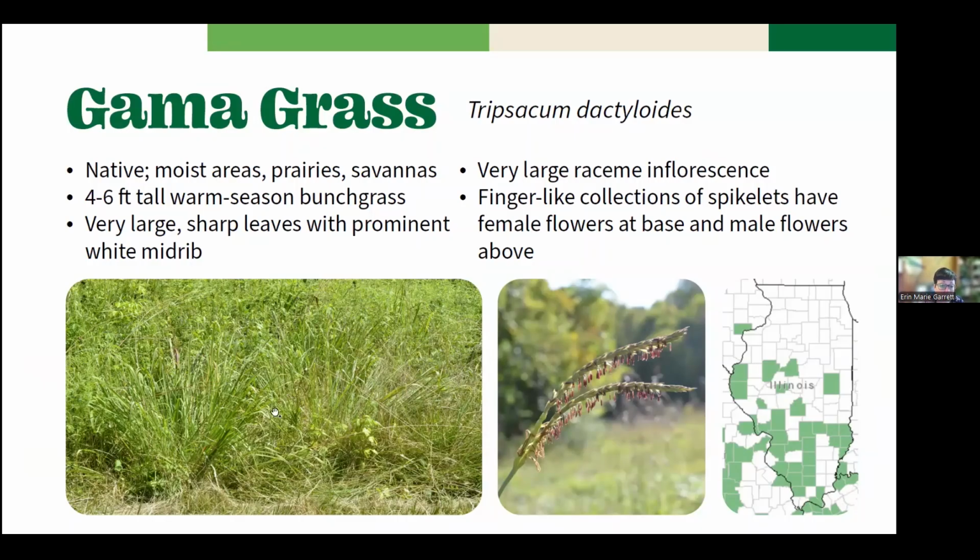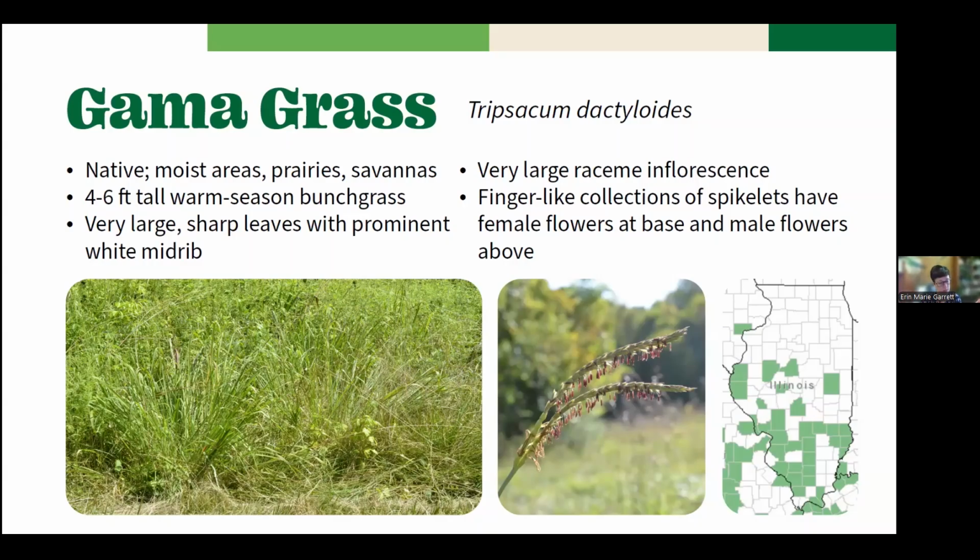This one forms huge bunches. It's really, again, hard to see in the pictures here, but its natural growth form over time is to have the center die back really strongly. Some of our bunch grasses, like in more of a landscape setting, the center will die back over time, but Gama grass definitely does it a lot more predictably. And so with that dieback in the center, all of the foliage around it gets pushed out.